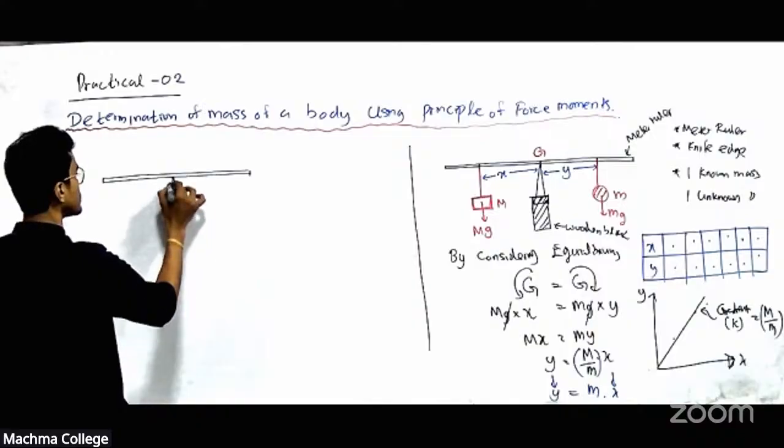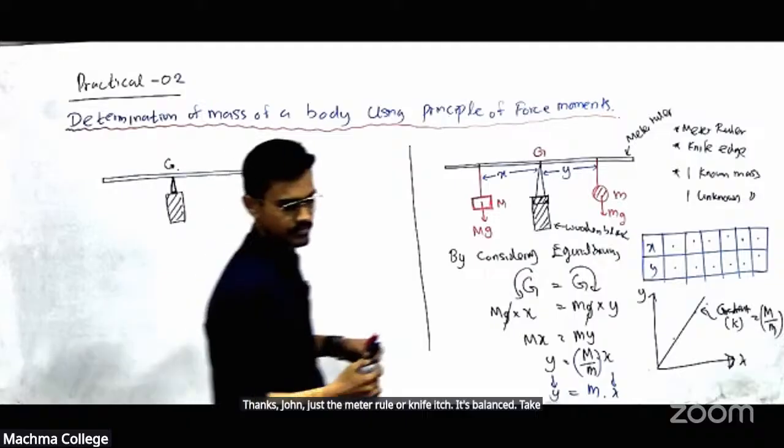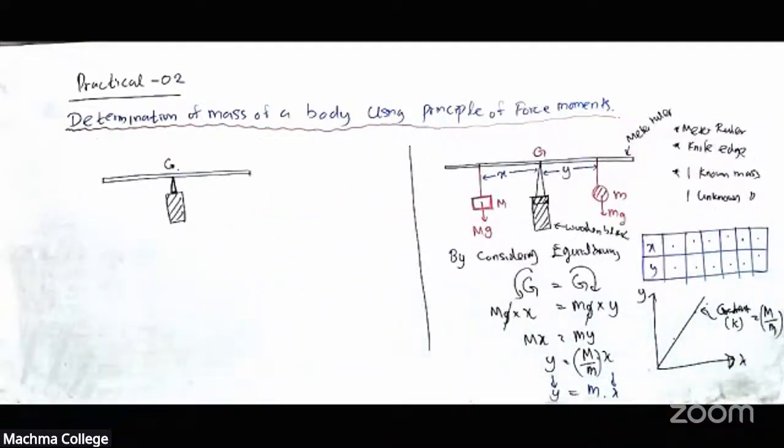Take this down. Just the meter ruler on knife edge is balanced. Only the diagram at left side.